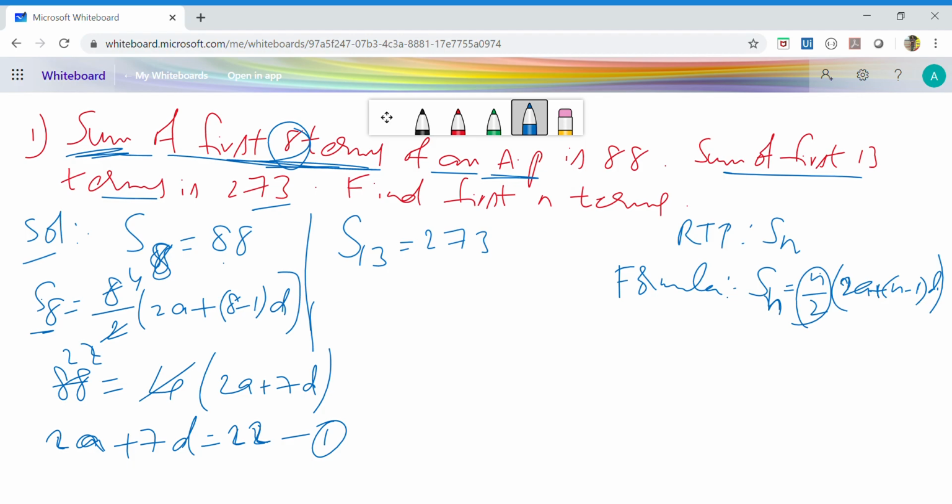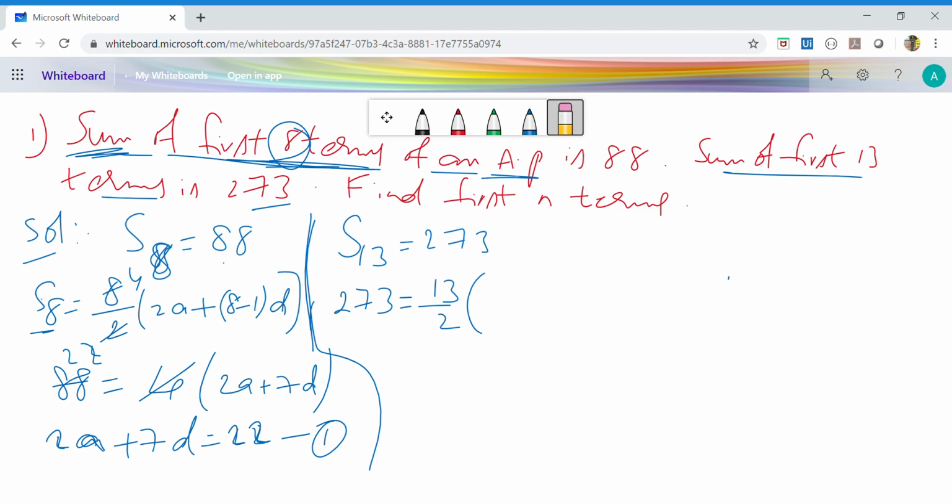Next, the second one. In the same way, here you have to solve S13, meaning 273 is equal to 13 by 2, n is 13, by 2 into 2a, a is not there, plus n minus 1, n is 13 minus 1, into d, not there. So 13 will cancel 21 times.